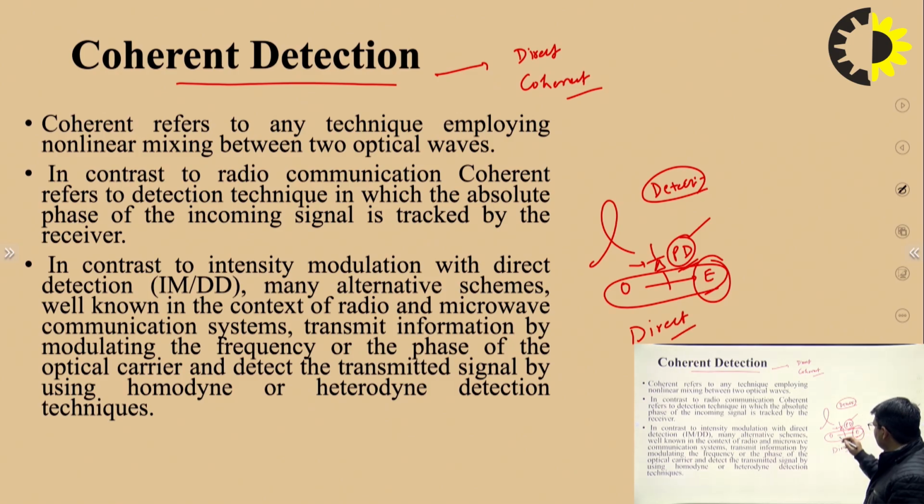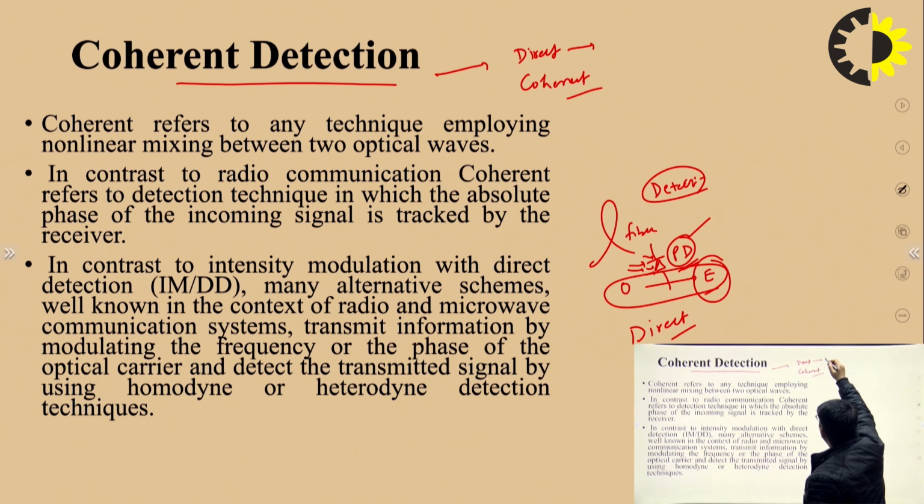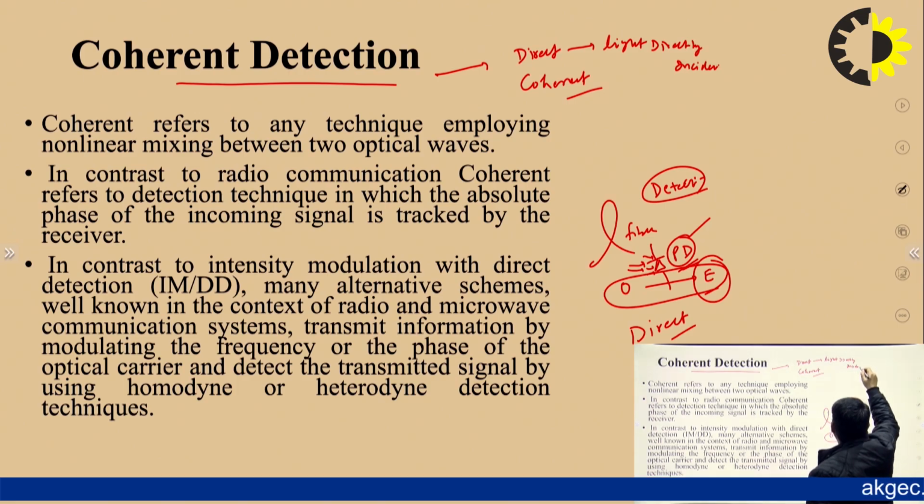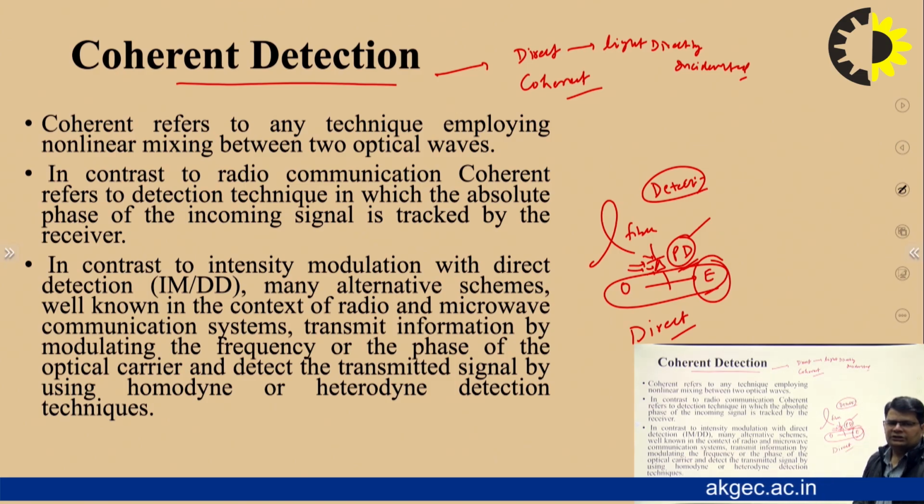That is, this received optical power from the fiber is directly incident over the photodiode without any change.